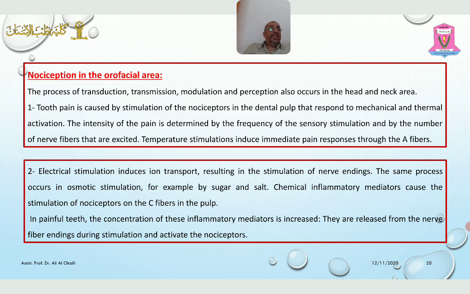Chemical inflammatory mediators cause the stimulation of nociceptors in the C fibers in the pulp, in the unmyelinated nerve fiber. In painful teeth, the concentration of these inflammatory mediators is increased. They are released from the nerve fiber endings during the stimulation and activate nociceptors.